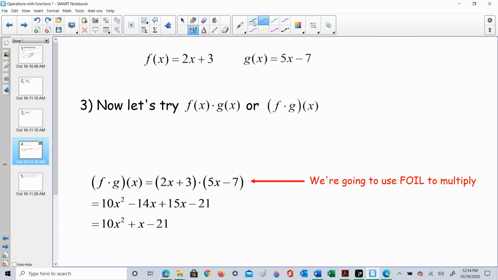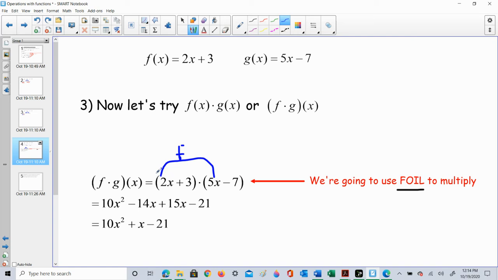If you remember what FOIL was, first, outer, inner, last. So our first expressions are 2x times 5x. 2 times 5 is 10. x times x is x squared. That's our first, right, in the FOIL.